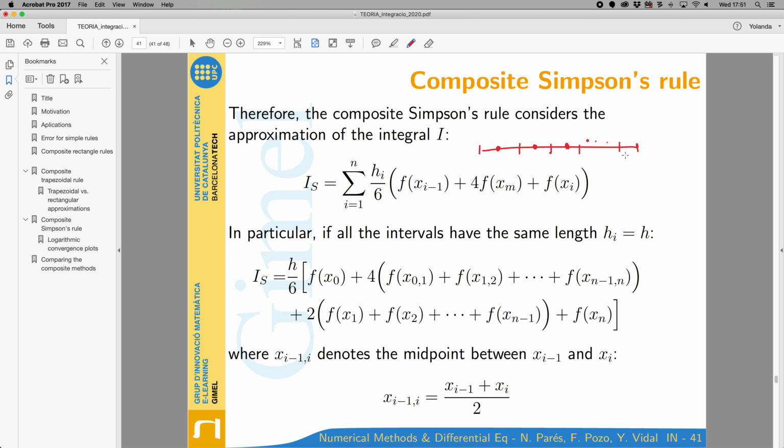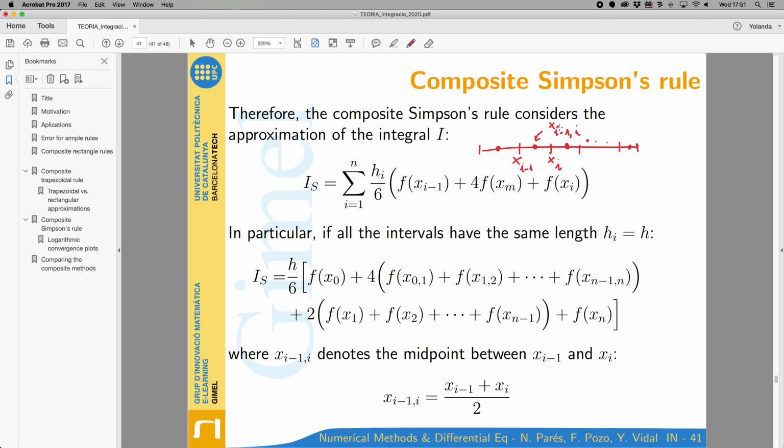So that's what I'm trying to do here. Let's say this is the last interval, and there's a midpoint also there. So let's say this is point x_{i-1}, and this is point x_i. Now, one notation that I think might be useful and is used in these notes is that this point uses the following notation: x_{i-1,i}.